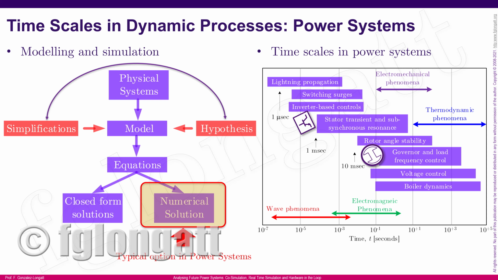It's very clear that inside the electrical power system, there are phenomena that have different durations or time scales. We have phenomena that are extremely fast, like lightning strikes, but also very slow processes like the thermodynamic process involved in a boiler.